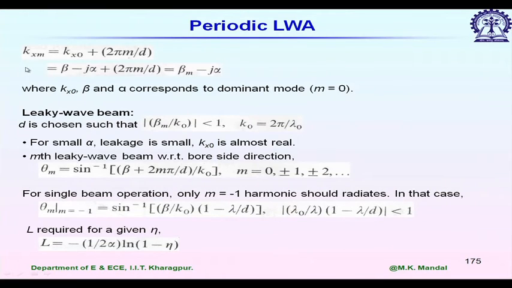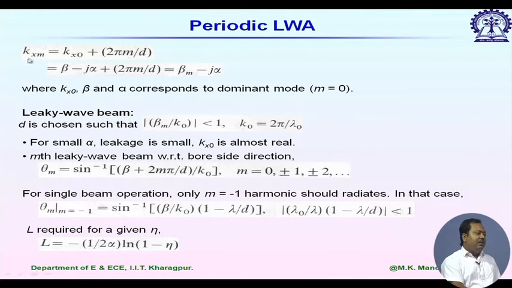So, let us see how alpha, beta and the radiation angle are related. In general, let us say the x directed wave number for a periodic structure is given as kxm, equal to kx naught plus twice pi m by d.